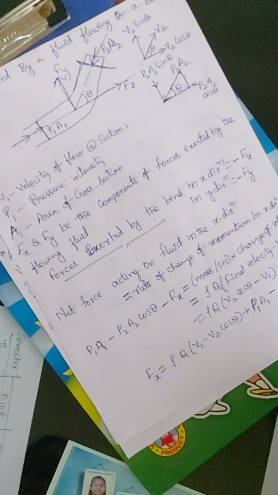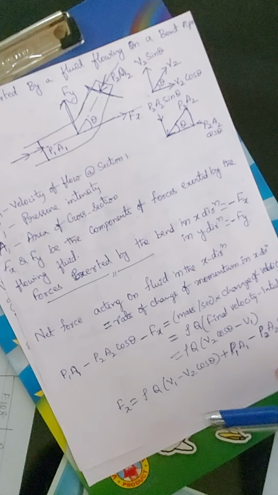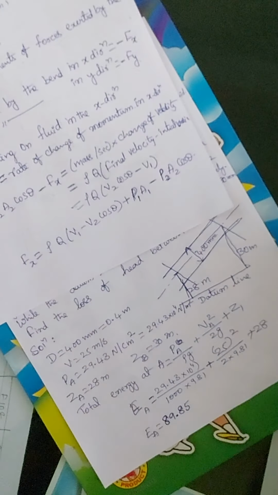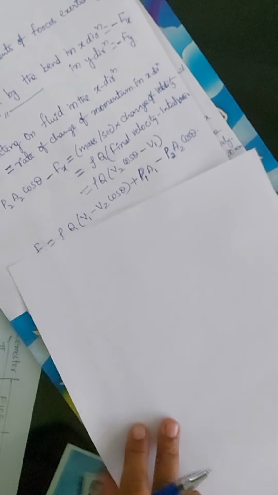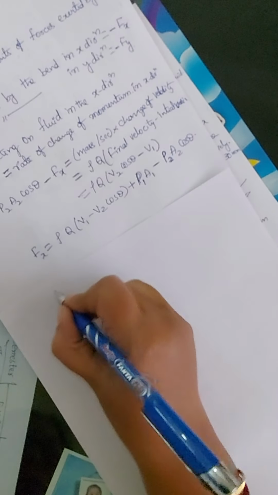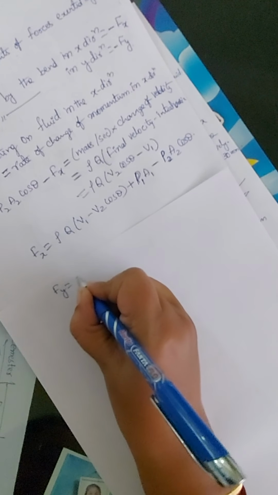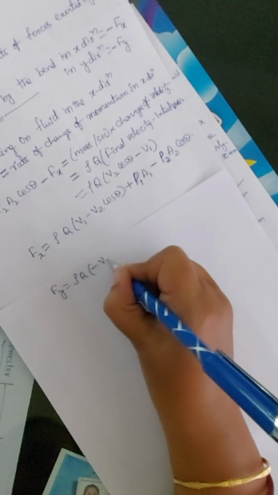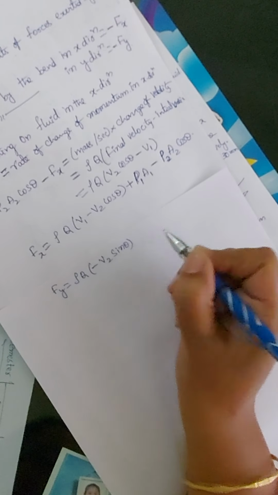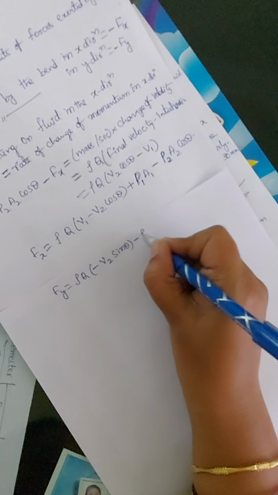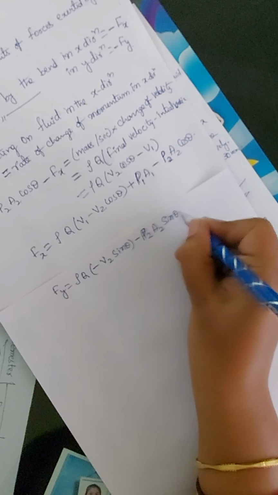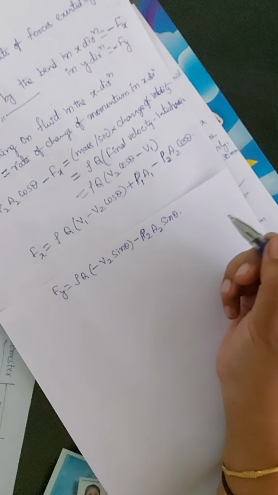This is the force in x direction. In the same way, for the momentum in y direction, Fy is equal to rho Q into minus V2 sin theta, minus P2A2 sin theta.